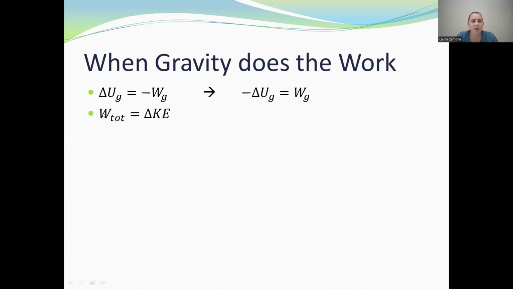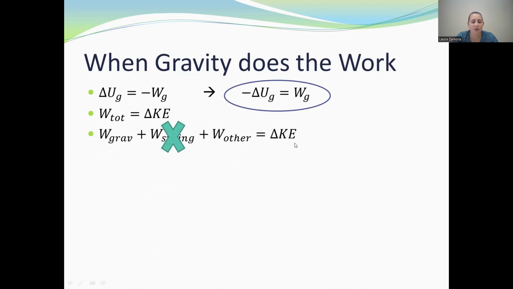We know from before that the total work done is equal to the change in kinetic energy. And we said that the total work done can depend on lots of different types of work. So work done by gravity plus the work done by a spring plus the work done by other things equals the change in kinetic energy. We're not dealing with springs yet. We'll get back to that later.